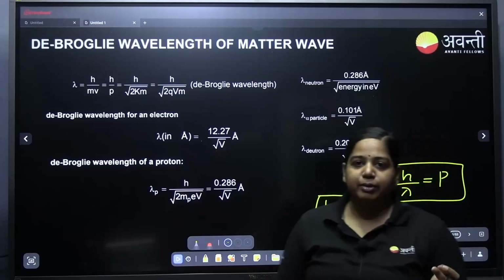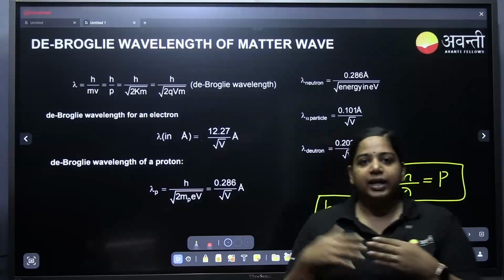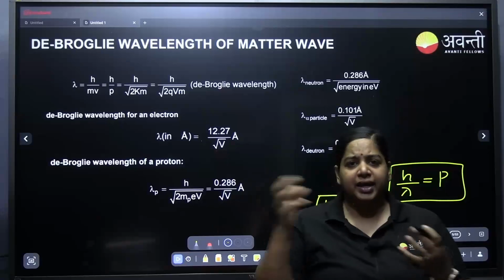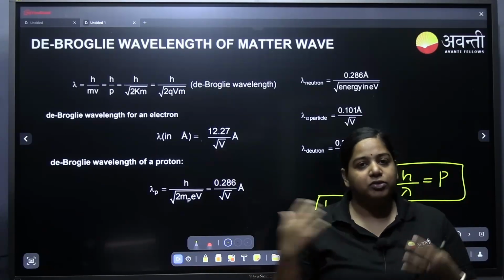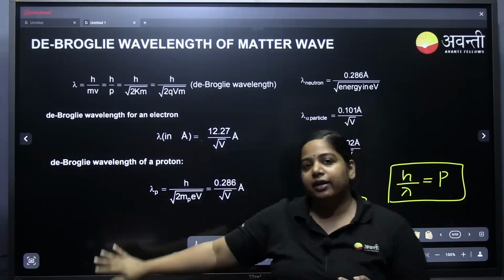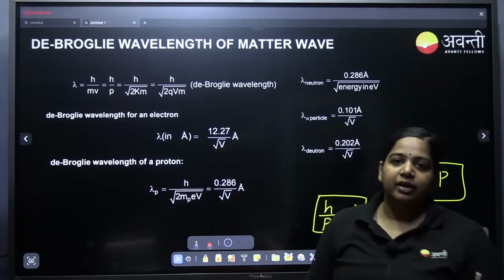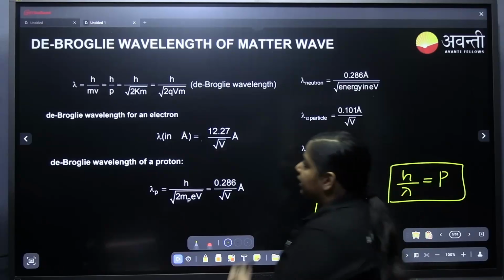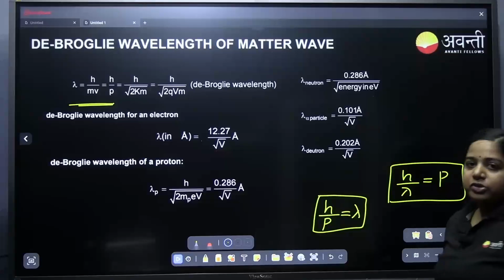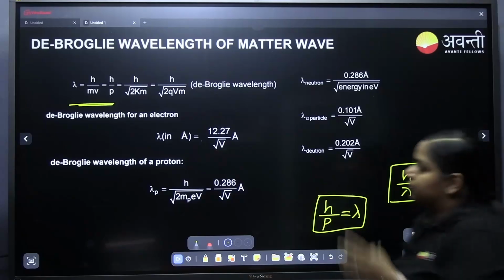The universe loves symmetry, which means if in the photoelectric effect light is behaving as a particle, then a particle can also behave as a wave. In that manner he proposed this formula, and later it was confirmed by observing electrons. We confirmed that matter does have wave properties. So we got lambda equal to h by p or h by mv, Planck's constant by momentum gives the wavelength of that particle.